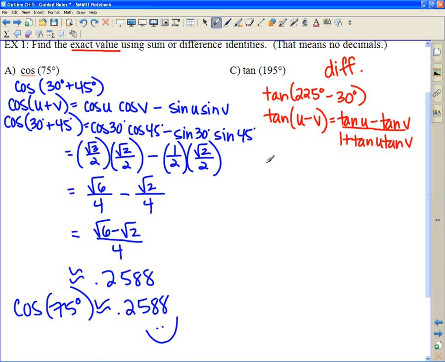So we are doing tangent of u, the tangent of 225. I need to double check my formula and make sure that's right. It is. Tangent of 225 minus the tangent of 30, all divided by 1 plus the tangent of 225 times the tangent of 30.